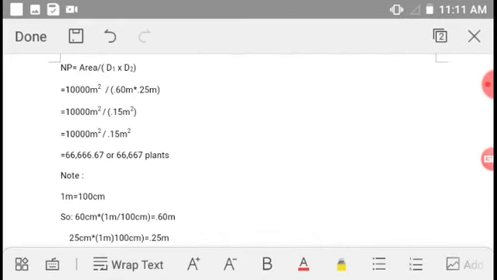So, how to solve it? Number of plants is equal to area divided by the product of the first distance and the second distance. The area is 1 hectare. 1 hectare is always equivalent to 10,000 meters squared. So, yung isang hektarya ay kapareho ng 10,000 meters squared. Divided by the first distance and the second distance. Yung first distance natin, 60 cm by 25 cm.